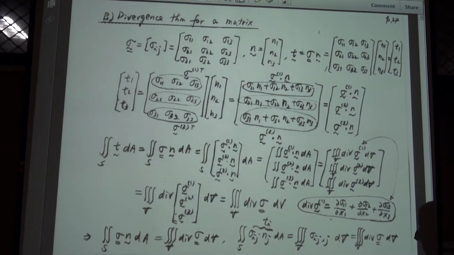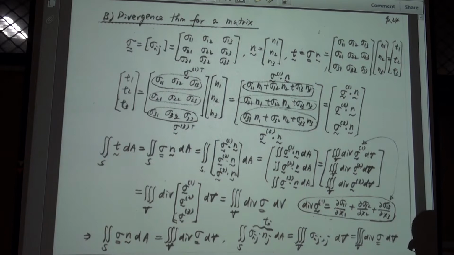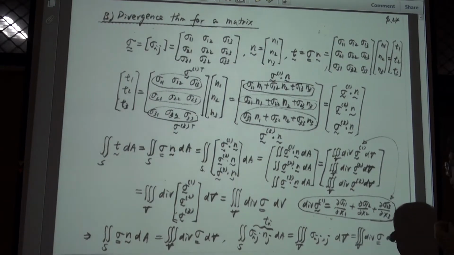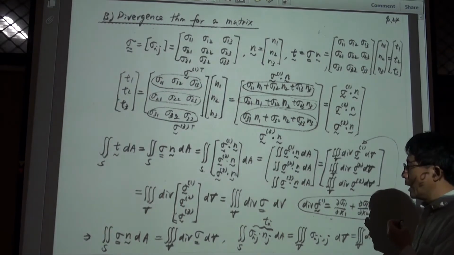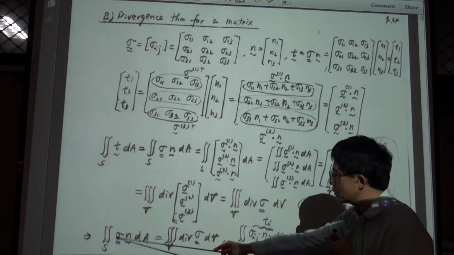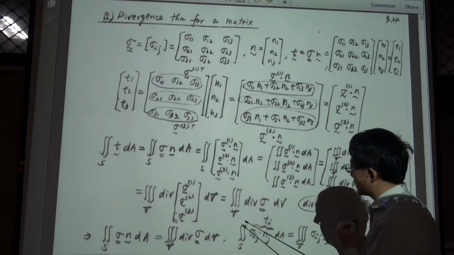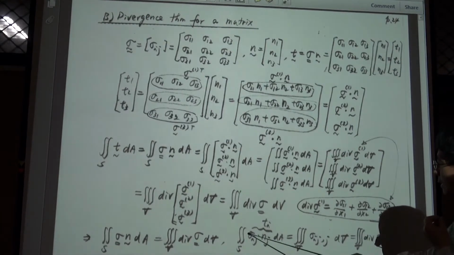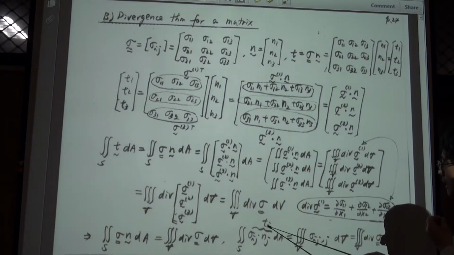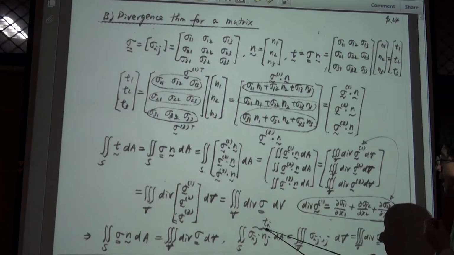Okay, we have three components of the vector, divergence sigma. Now in this whole expression, this one can be replaced by this one. Sigma n equals sigma ij times nj, and then this just equals ti.